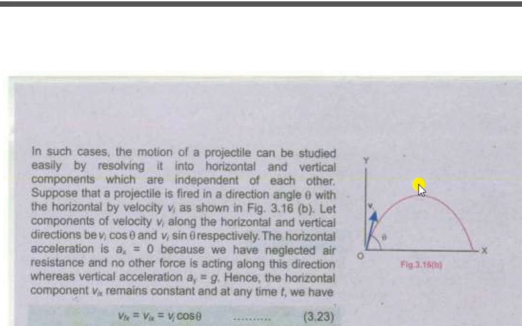At the maximum height, the velocity component along the y-axis becomes 0, because the body is not moving upward. After this point, the projectile starts moving downward.